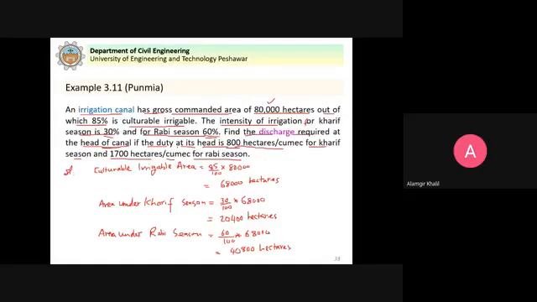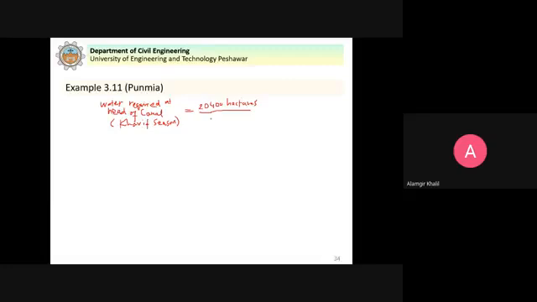The duty for Kharif season is 800 hectares per cubic.